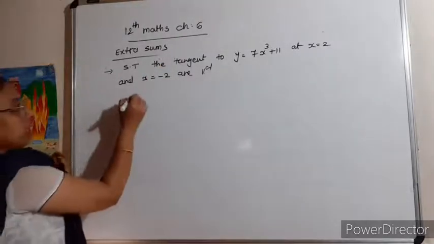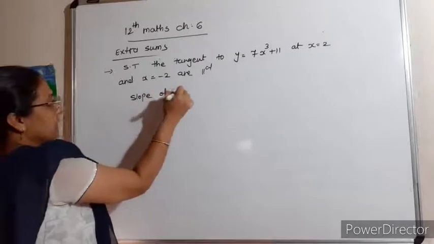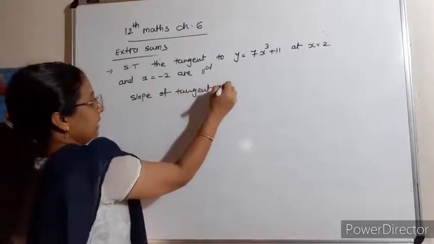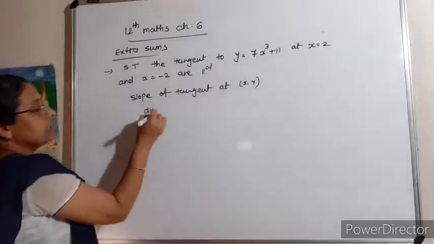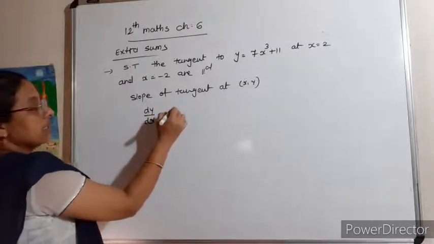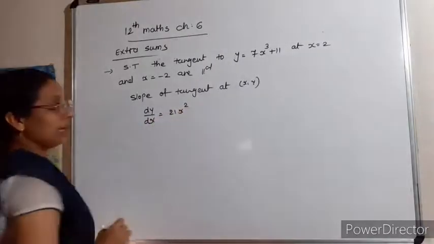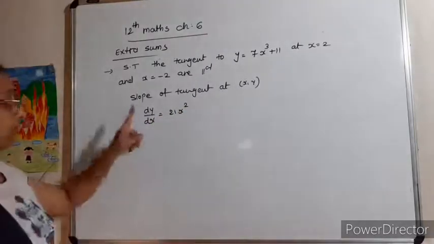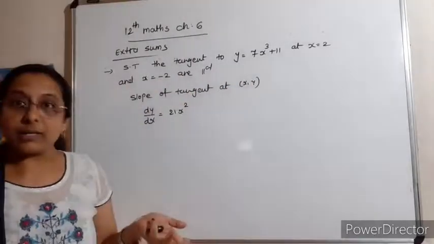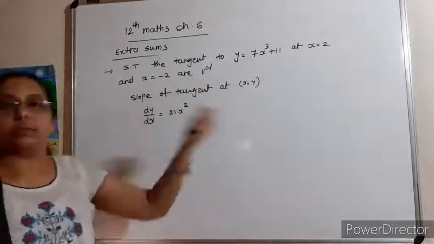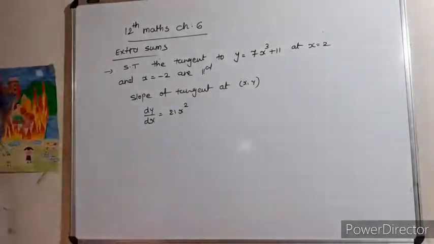So first of all slope of tangent, ये भी शायद से हो गया है, at xy is dy by dx 21x square, right? Yes, that is done already. So now dy by dx at x is equal to 2 and dy by dx at x is equal to minus 2. If it is equal, then tangent parallel, right? This is also we have done, so we will not repeat it. Keep in mind, okay? Yes. So that is the question we have done.